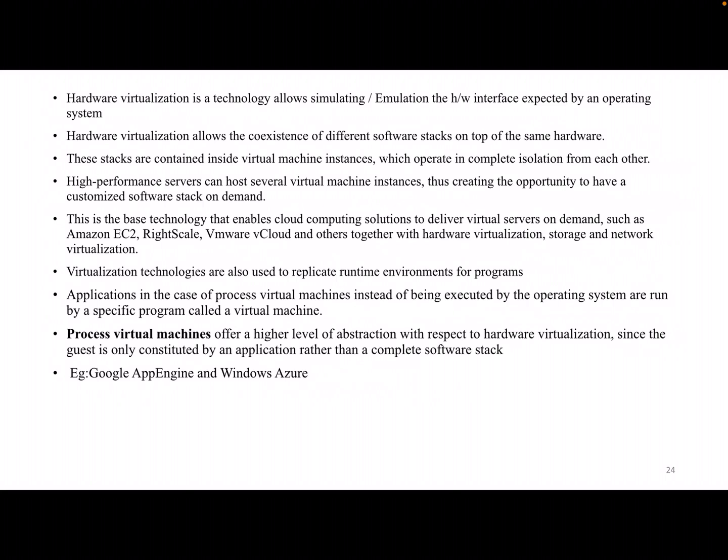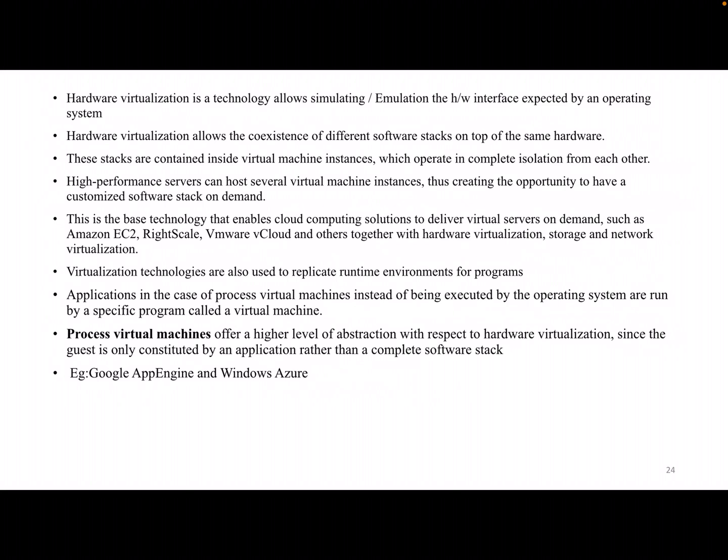Hardware virtualization is a technology allowing the simulation of the hardware interface expected by an OS. Hardware virtualization allows the coexistence of different software stacks. These stacks are contained inside virtual machine instances, which operate in complete isolation from each other.